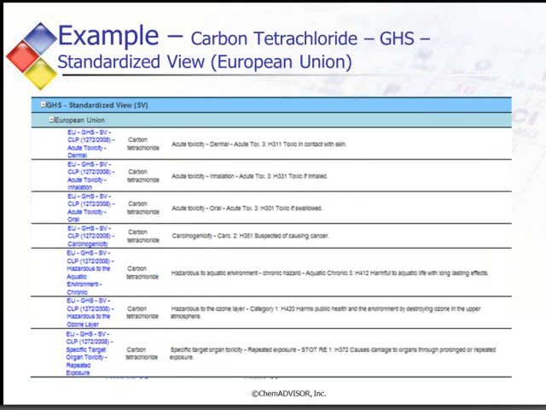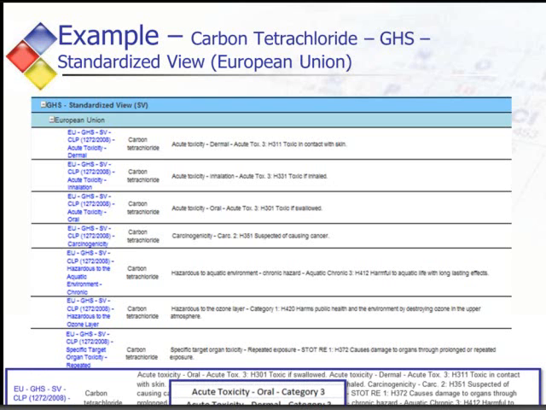Looking at the GHS standardized view, there are some endpoints addressed here that are not directly addressed by LOLI lists, especially US LOLI lists, for looking at the ozone layer, target organ toxicity, and some others.